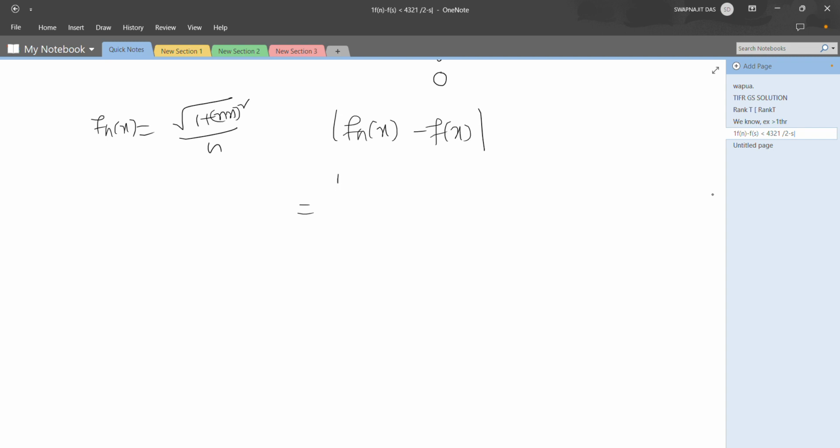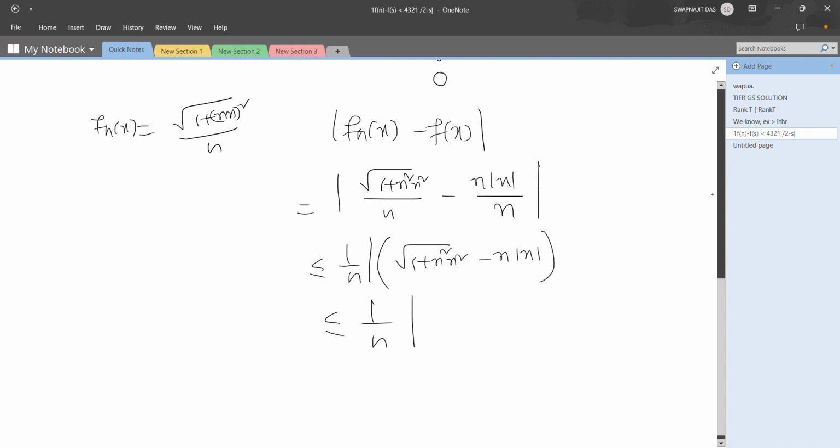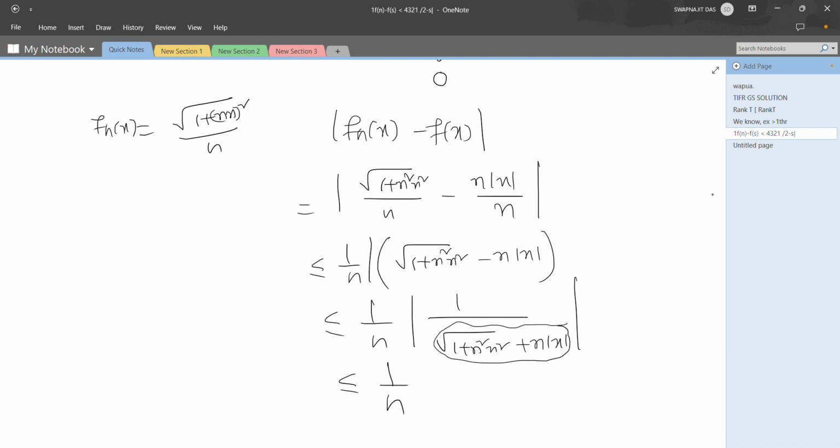So mod fnx minus fx, which is root over 1 plus n square x square by n minus n times mod x by n, is less equal to 1 by root over 1 plus n square x square plus n mod x, which is less equal to 1 by n, because this is always greater than 1.